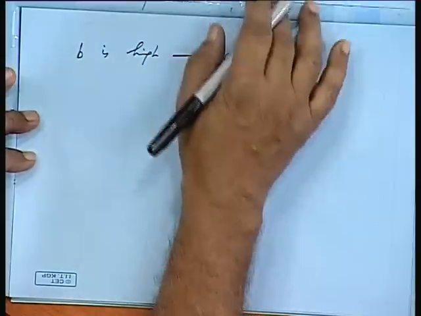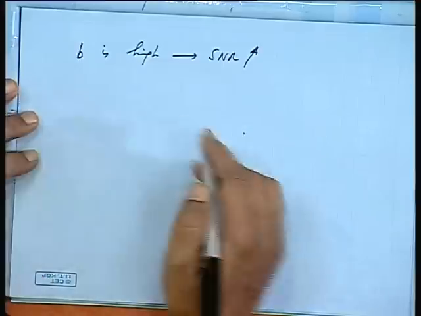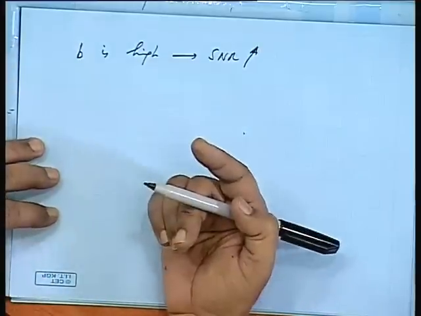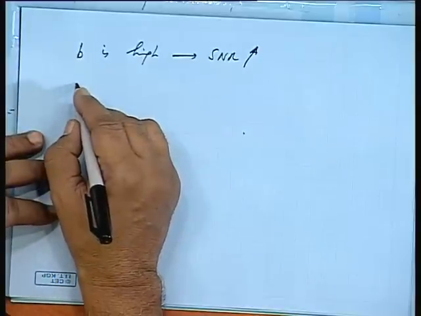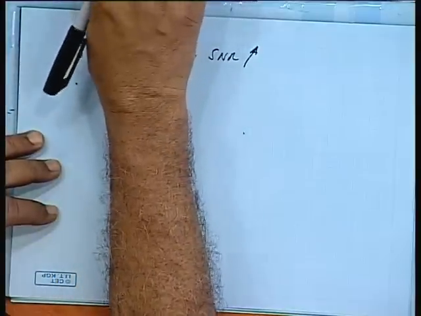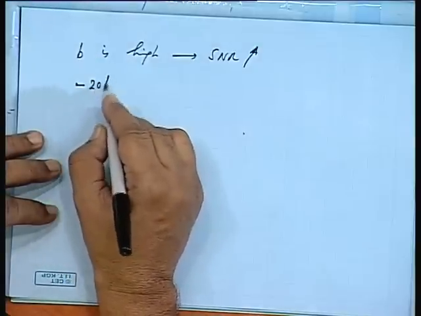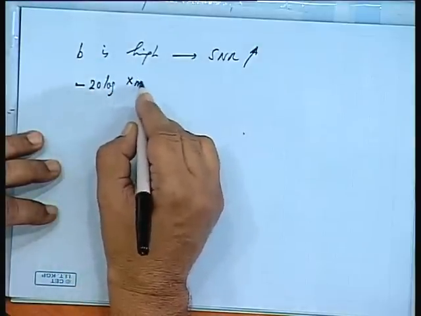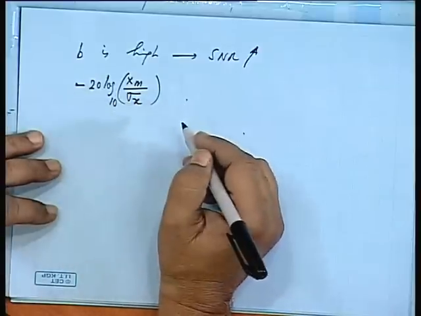That means the noise component reduces by 6 dB per bit, and this term minus 20 log of xm by sigma x.